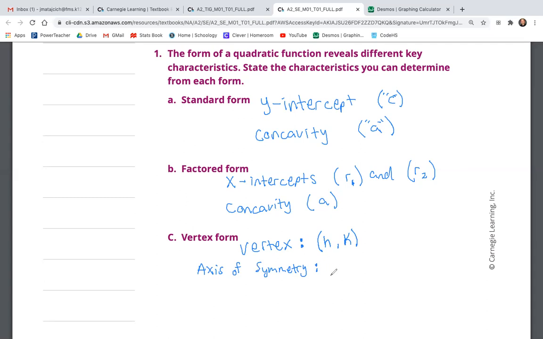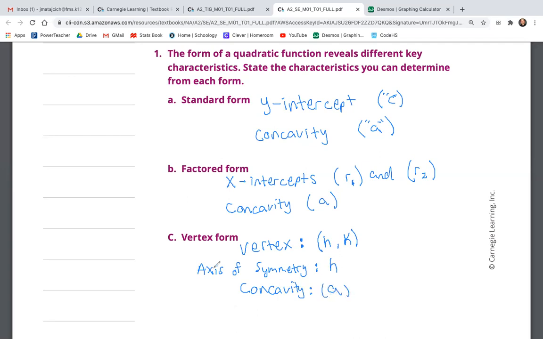So the axis of symmetry, it's also found just by looking at that h value. Okay, same thing. Axis of symmetry always passes through the x value in your vertex. And just like with all our other forms, we can also find concavity very simply. And of course, you're just looking again at the a value. Just look at the a value.